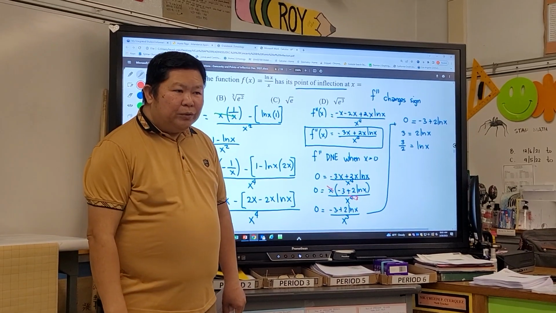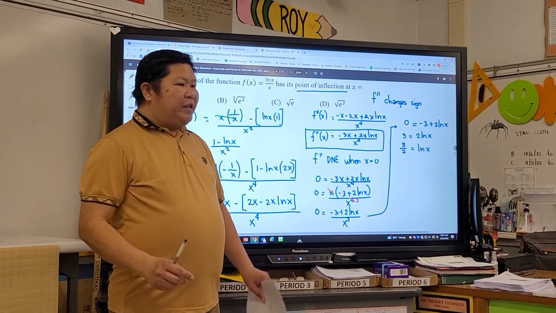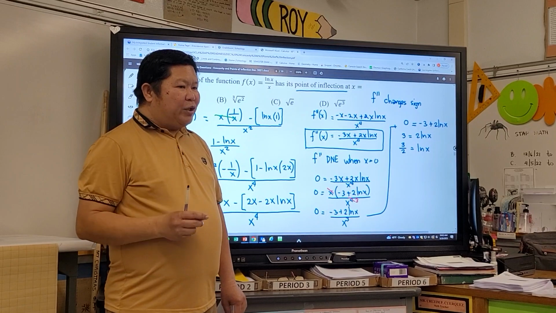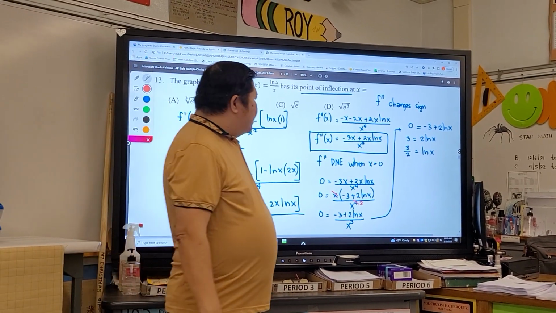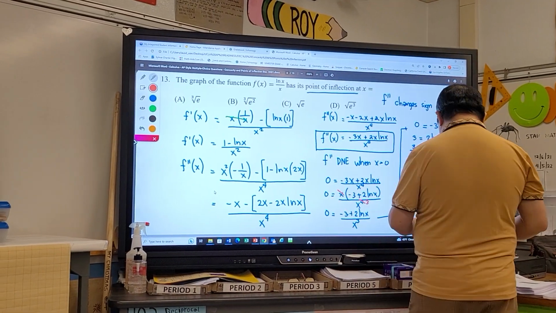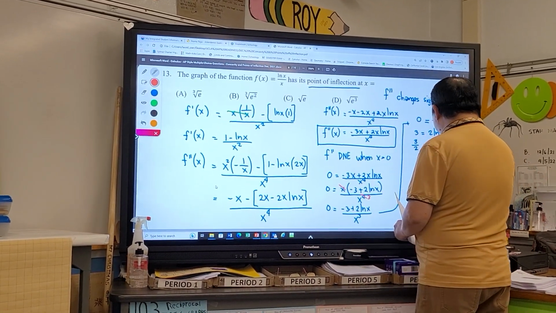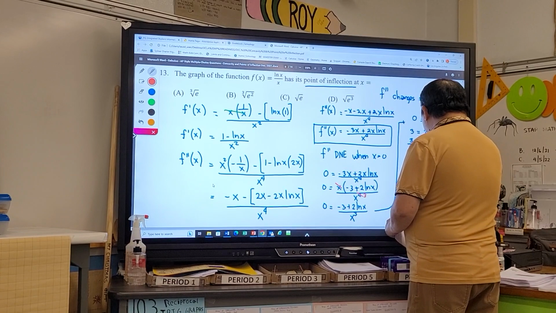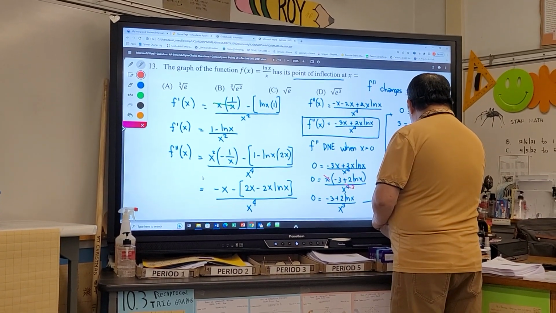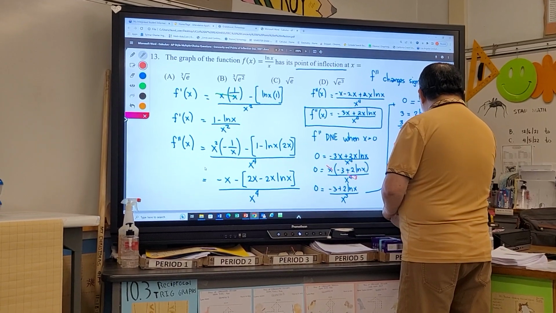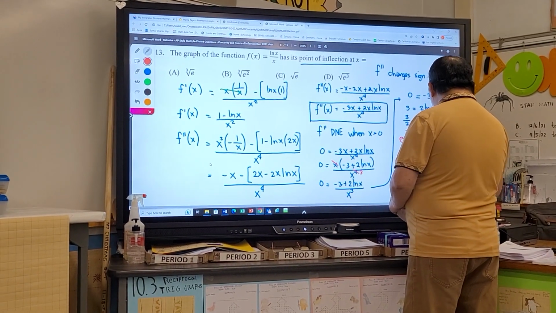We have to e both sides, or exponentiate both sides. So e to the power of 3/2 is equal to e to the ln x.